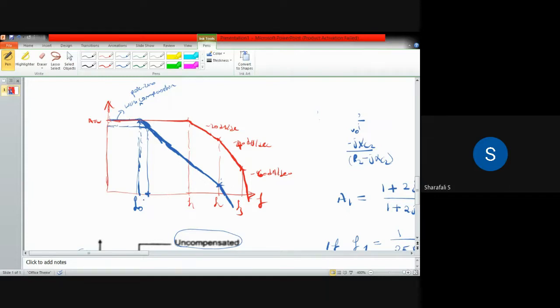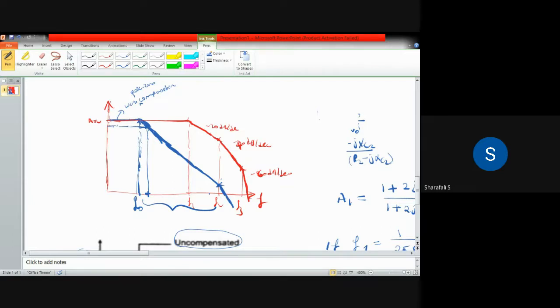If you consider the frequencies from F0 to F2, we can decrease the gain very smoothly, which is not possible in the case of the dominant pole compensation because F1 is there.